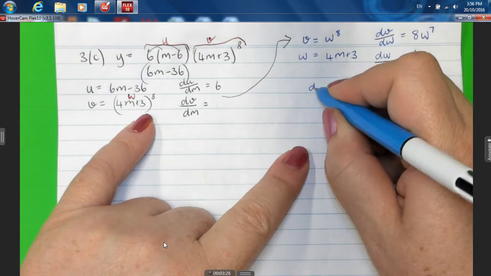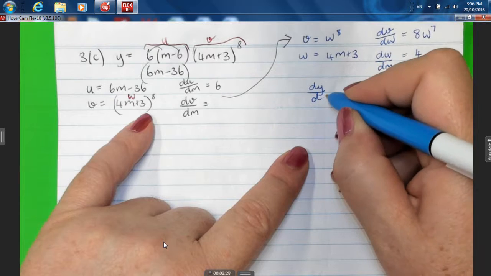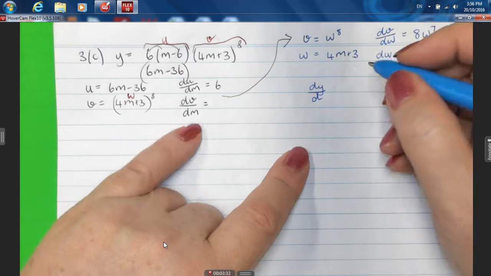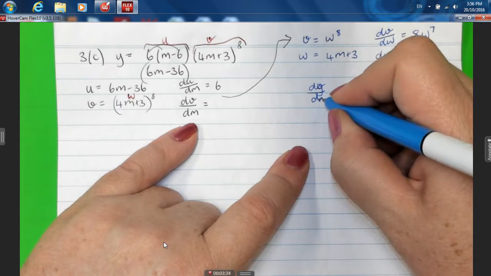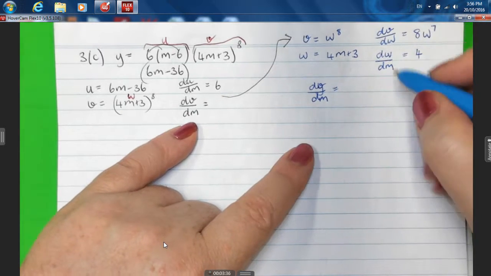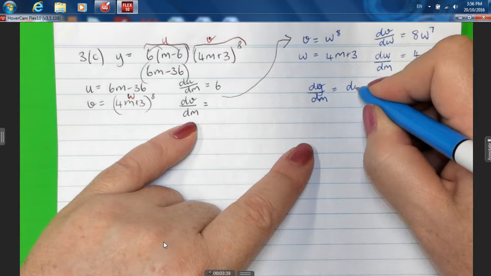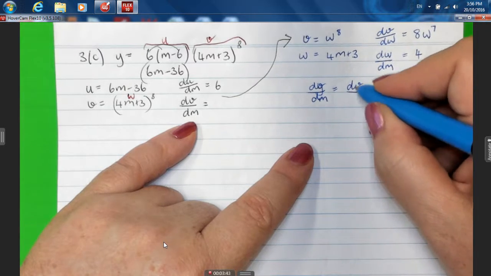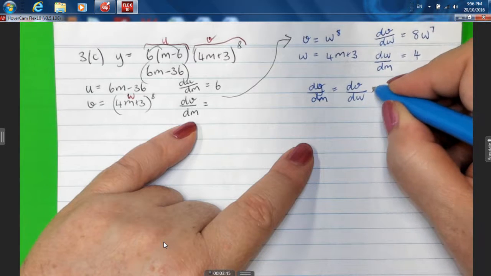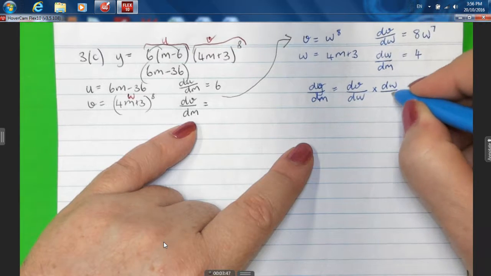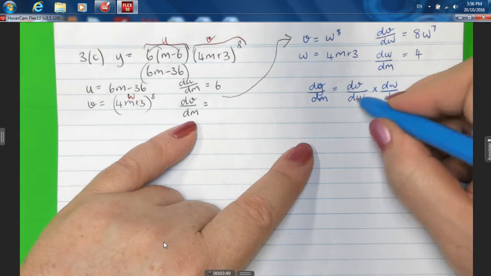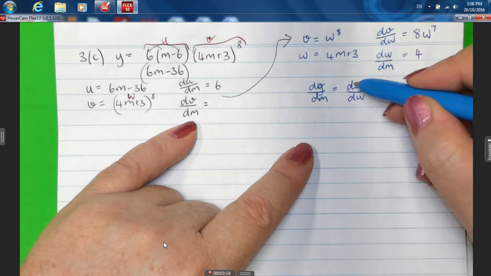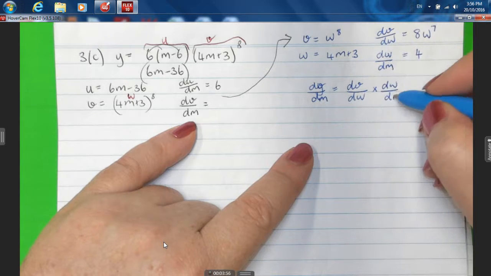Now the chain rule says dv dm is going to be dv dw times dw dm. Now these have to match: dv and dw, dv and dm.